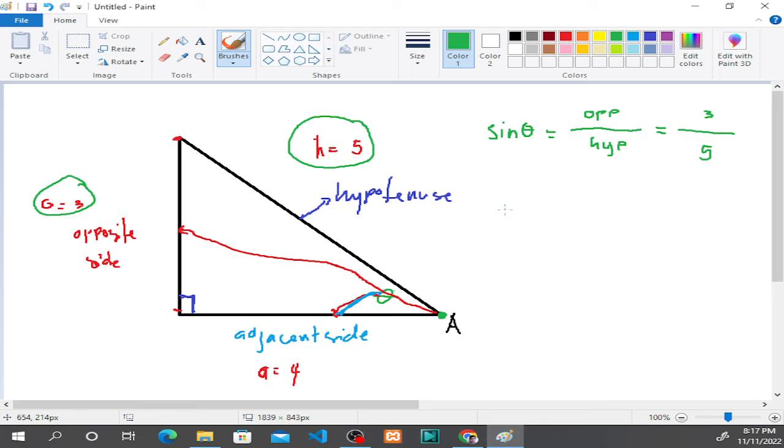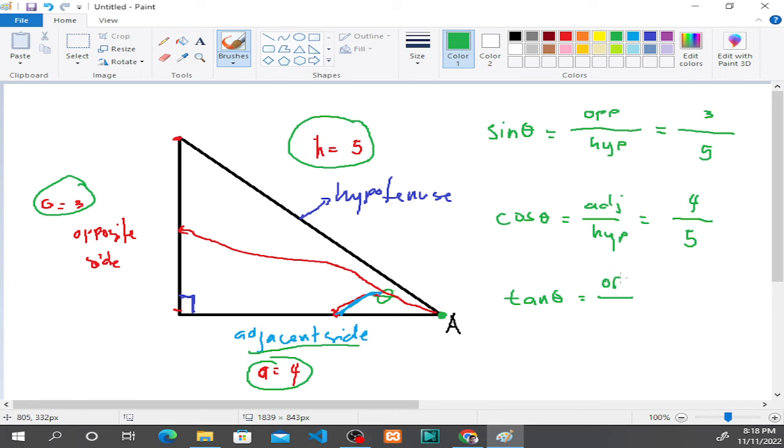For cosine theta, that's the relationship of the adjacent over the hypotenuse. This adjacent side has a value of 4, over the hypotenuse, which is 5. So I'm going to write it as 4 all over 5. For the tangent theta, that's the relationship of the opposite over the adjacent.